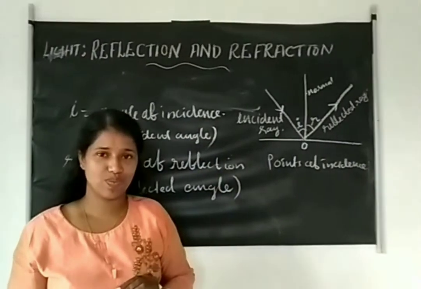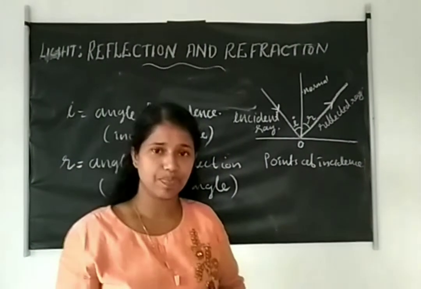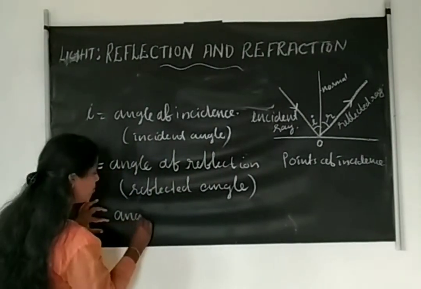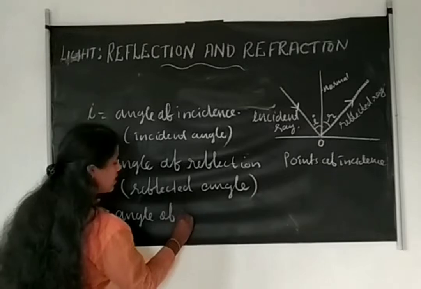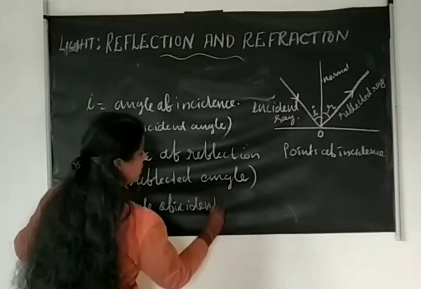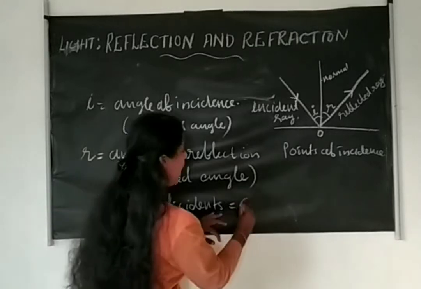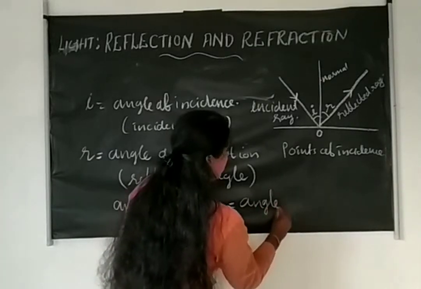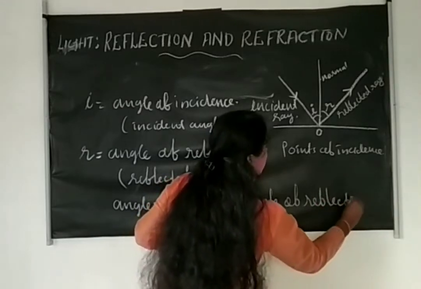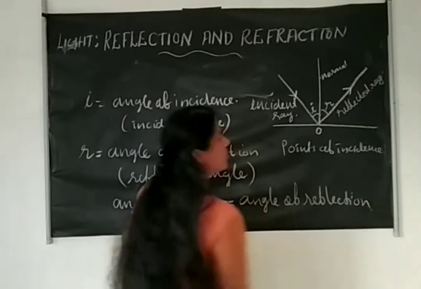Second law: angle of incidence is equal to angle of reflection. Both angles are equal.